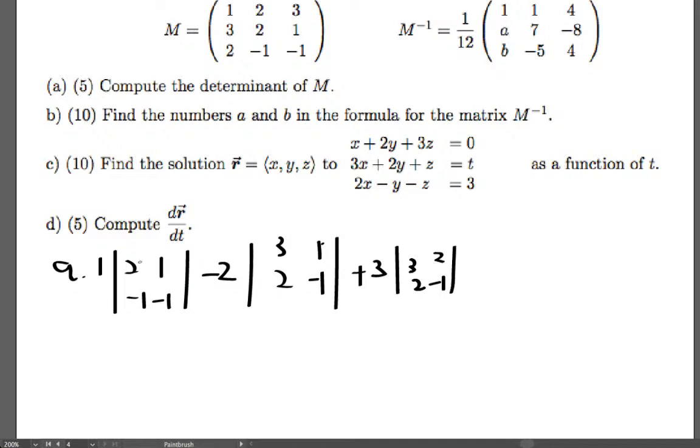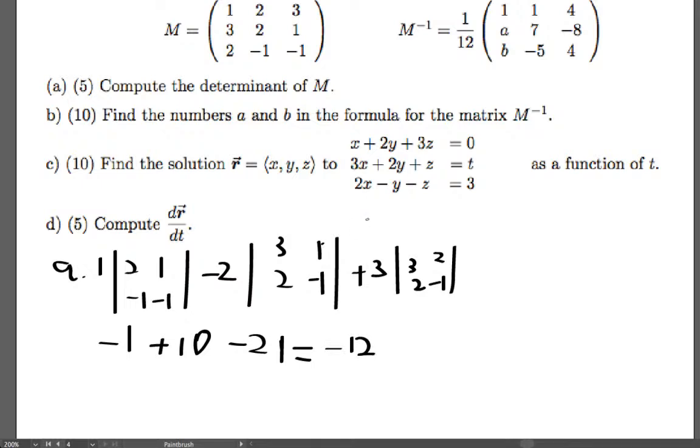So calculating this, negative 2 plus 1, that's negative 1. Negative 3 minus 2, that's negative 5, so plus 10. And then this one here, negative 3 minus 4, negative 7, negative 21. This would give me negative 12. I knew it. My calculation is totally wrong.